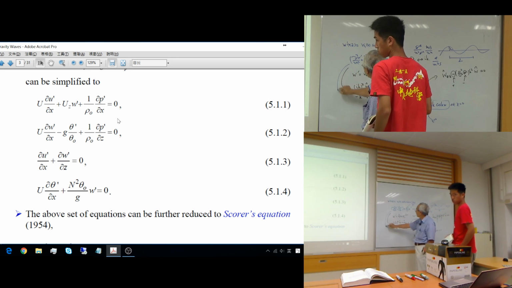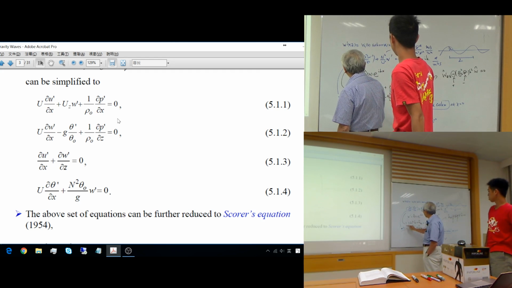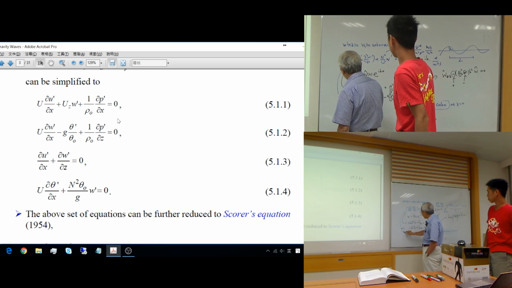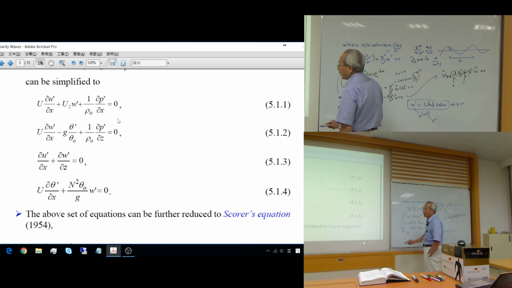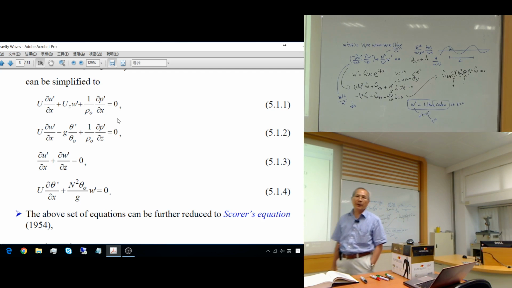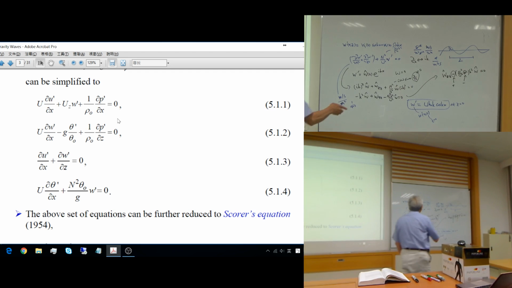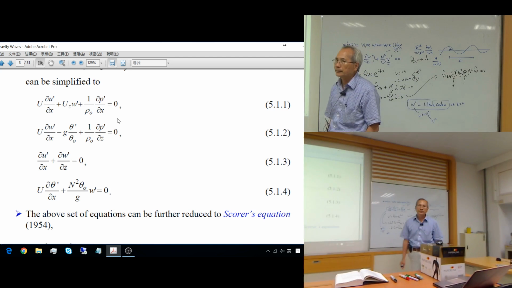So it should be w prime. Here we get meter per second, and then here we have meter square, so that gives us per meter per second. You're right, it's because of the partial u, partial x term. So this is correct.